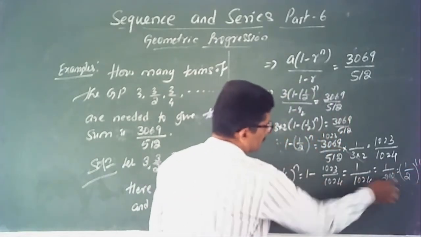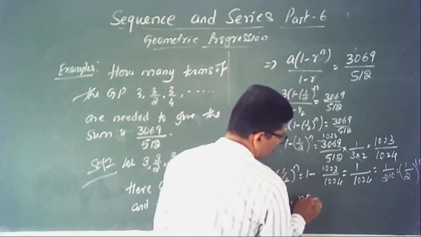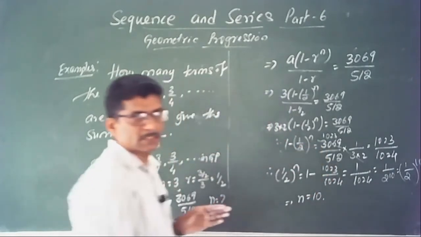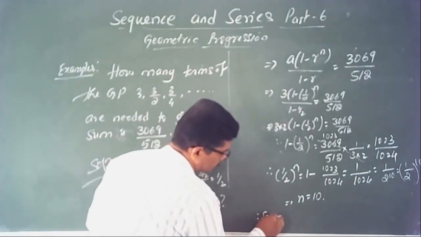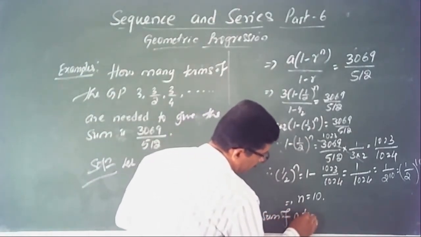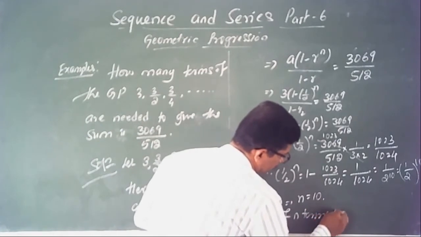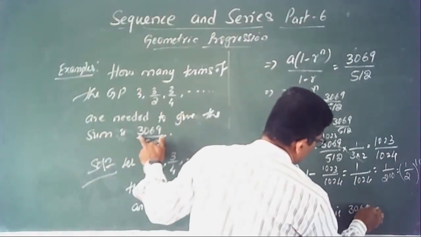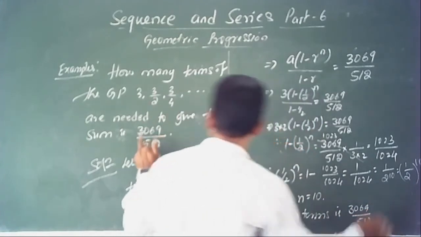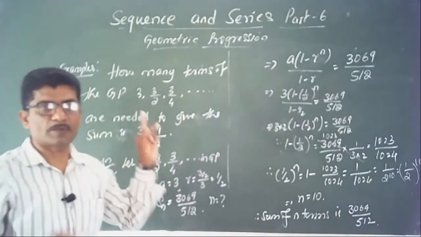The bases are the same, so the index is also equal, therefore n is equal to 10. It means the sum of 10 terms is, we get, 3069 divided by 512 in this given geometric progression.